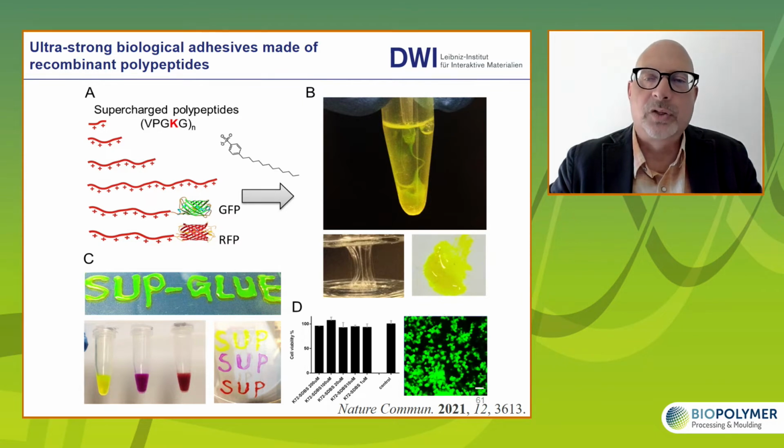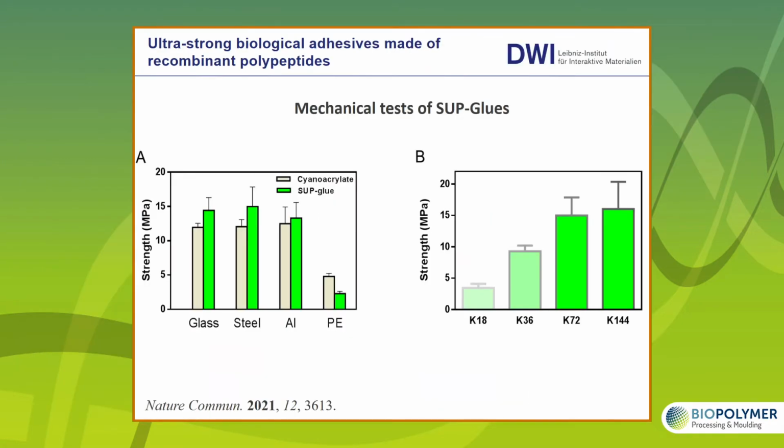And again, once we use this coacervate and we put it on the surface, then we observe very intriguing adhesive properties. This we have characterized, and we have characterized these adhesive properties on different surfaces, and we have compared it to commercial adhesive, which is cyanoacrylate. In colloquial language, this is called superglue.